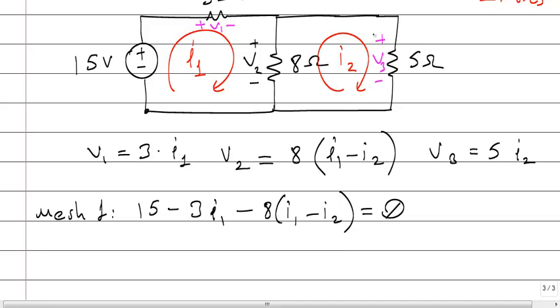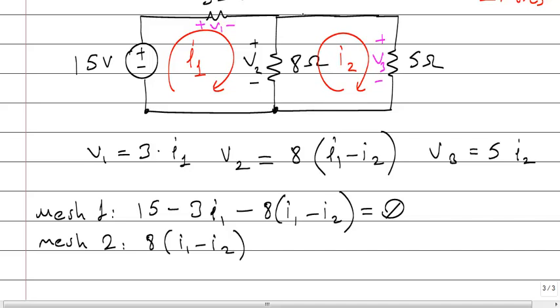Then the second mesh equation. I have started from the left bottom side of that mesh. There is a voltage increase of V2. V2 is 8 times I1 minus I2.